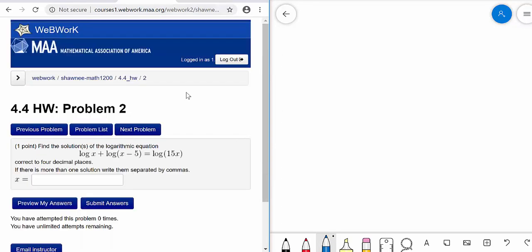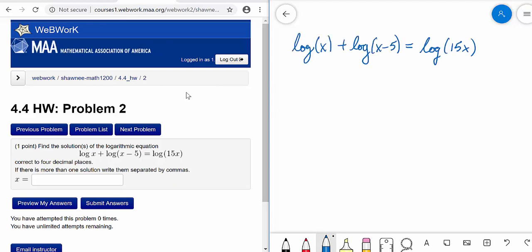In this problem, we have to solve for x and get our answer correct to 4 decimal places. When you have a log equation like this, we're going to use the properties of logarithms. Notice that the left-hand side is the sum of two logarithms. So we can combine the left-hand side by multiplying the arguments x and x minus 5.